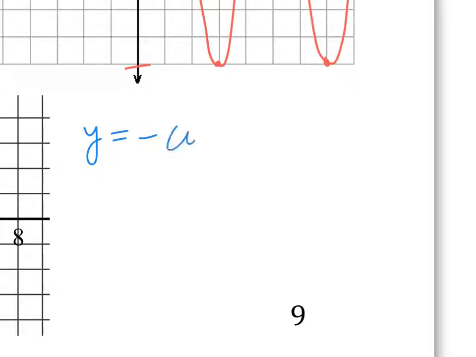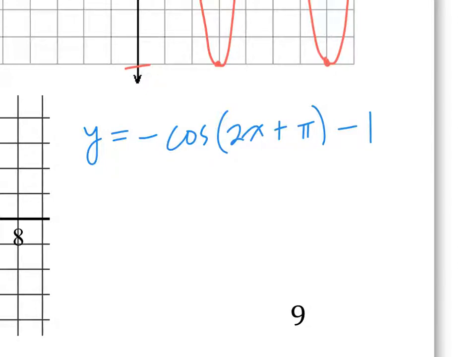Negative cosine 2x plus pi, minus 1. No, I did this wrong. Negative cosine 2x plus pi minus 1.